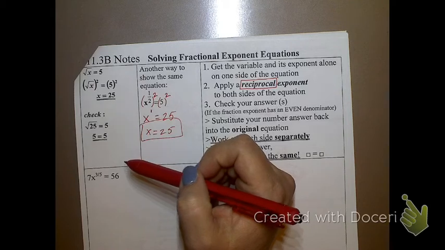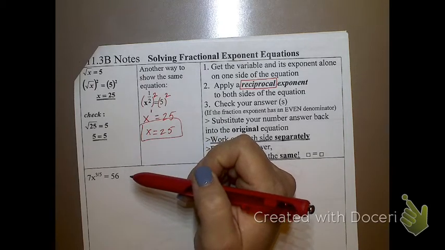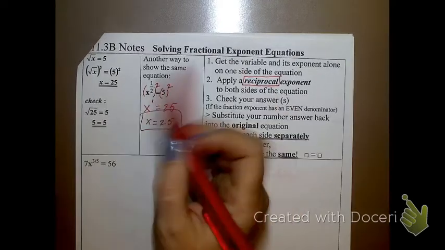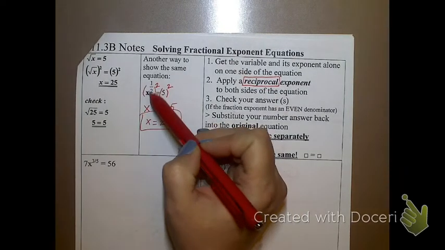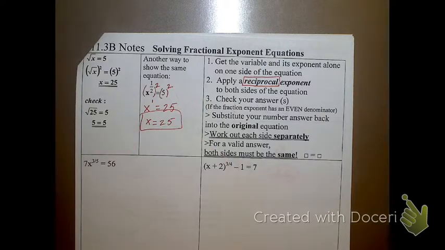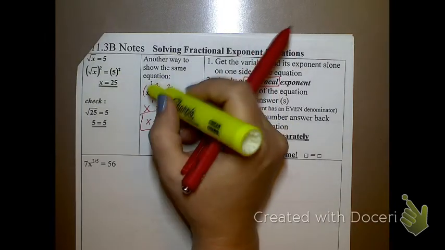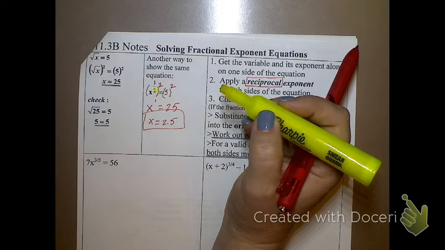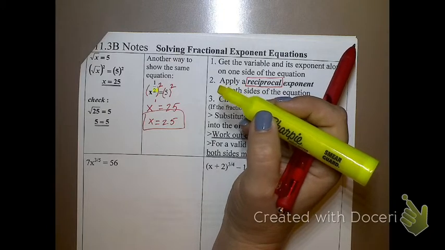How can I tell if the index is even? When you have an exponent that's a fraction, what part of that fraction is the index? The denominator. So now, when we have it written this way, anytime that denominator is even, you have an even index and you need to check it.